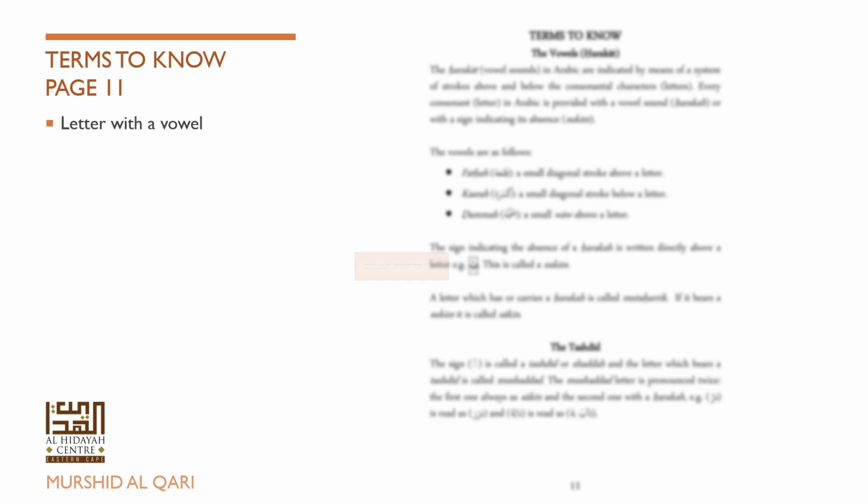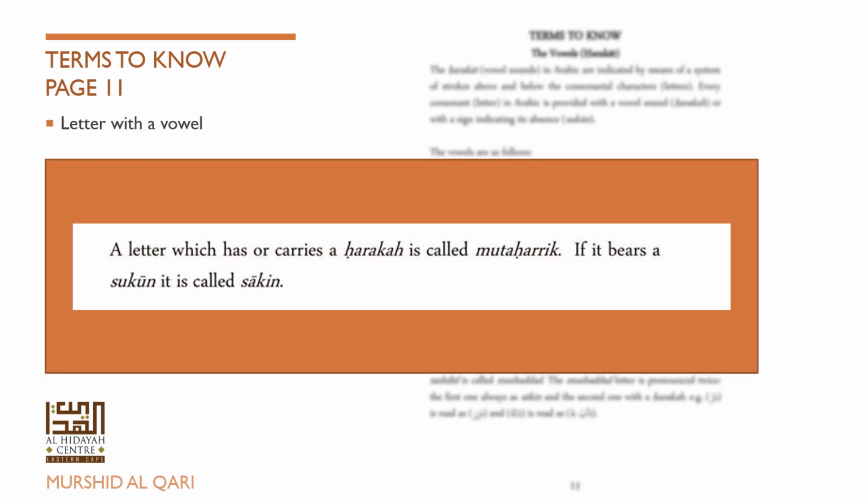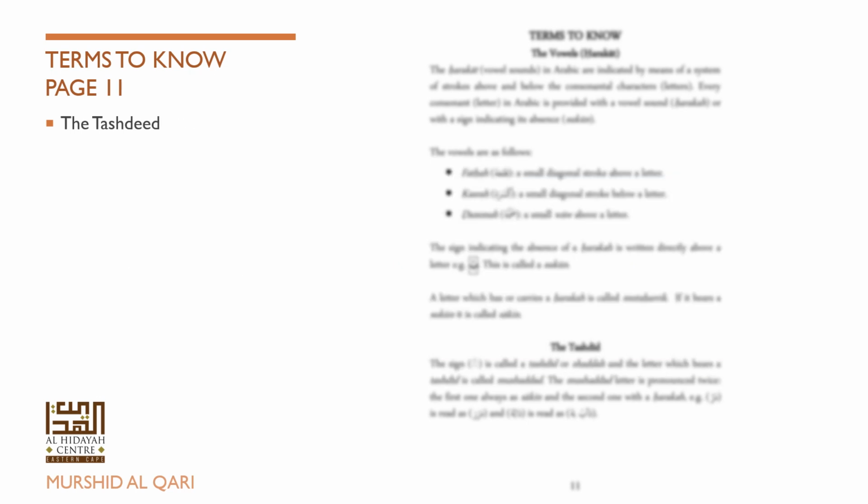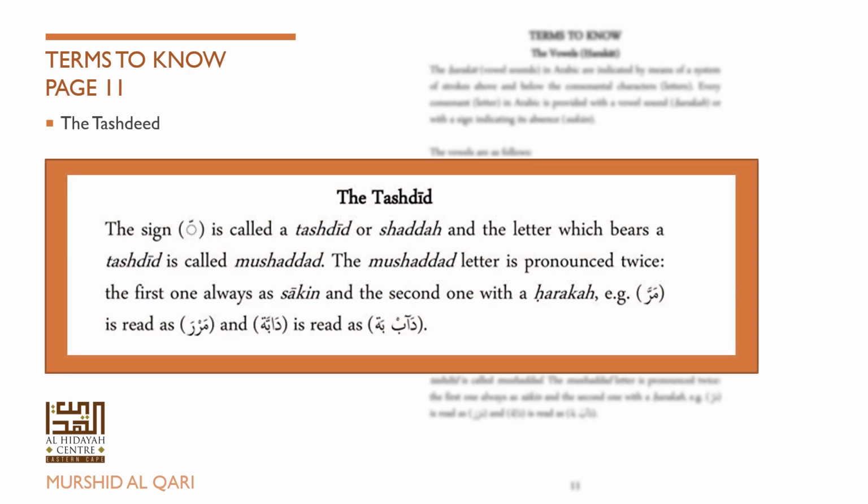A letter which has or carries a haraka is called mutaharrik. So if it bears a sukun, it is called sakin. The tashdid, that sign in brackets, is called a tashdid or shadda. And the letter which bears a tashdid is called mushaddad. The mushaddad letter is pronounced twice.